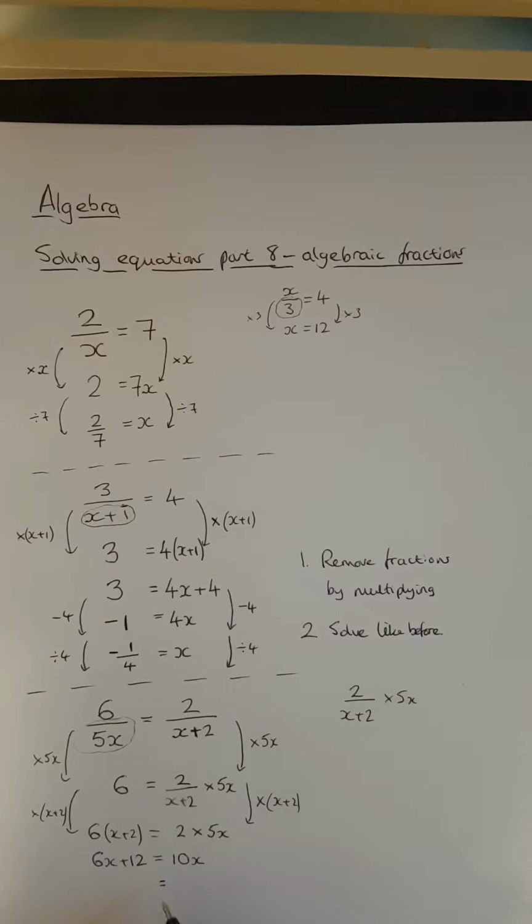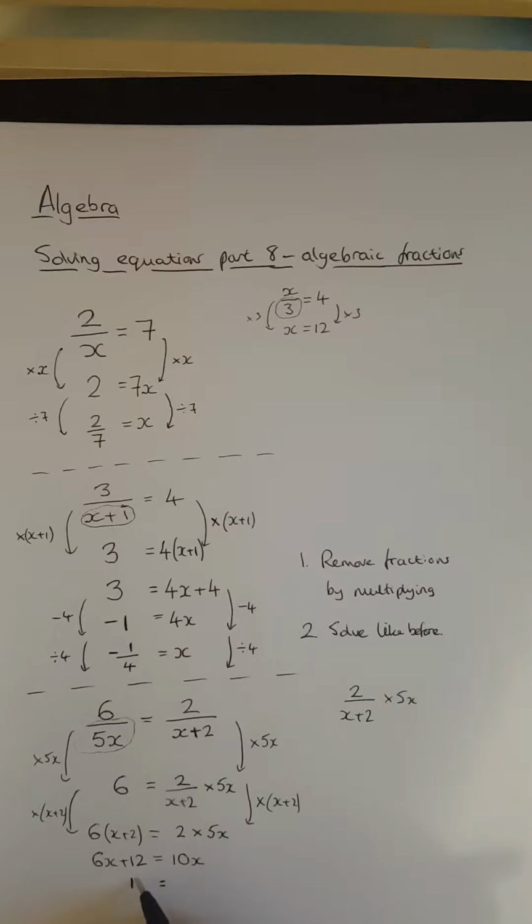Solving as normal. I've got x's on both sides. I'm going to take away the smaller one. Now, if you feel unsure of this, what you need to do is watch the video on part 9.